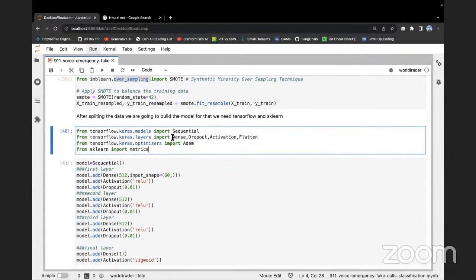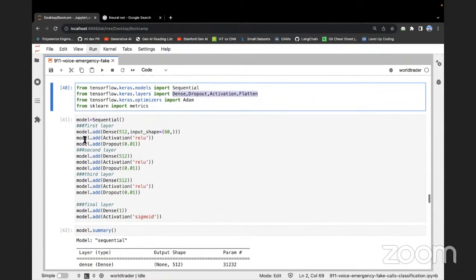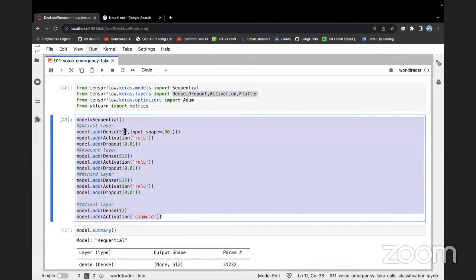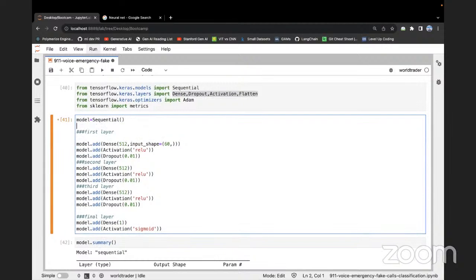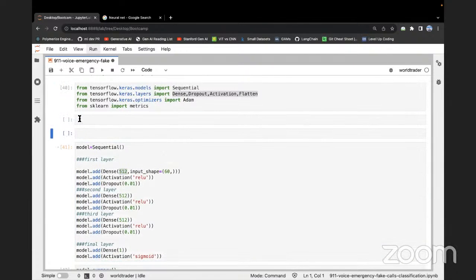There are different kinds of layers that help with good training and high performance of the neural network. We can discuss this at a higher depth when you're in the class. For now, just understand that these are different layers of a neural network that help better training. So I create this neural network. I initialize the sequential layer. Then I add the first layer, to which I give 512 learnable nodes. Remember, I had 60 features for each audio file.